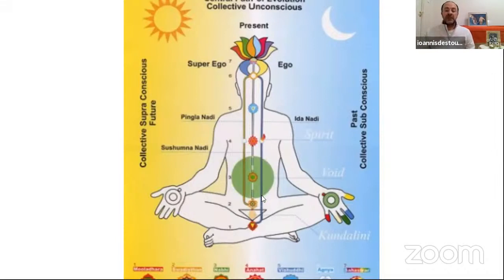On the right side, we have the yellow channel. It's the channel of action. If we have a channel of desire, we also have to do something for these desires to happen, and it's with the energy of the right channel. This is also the future.